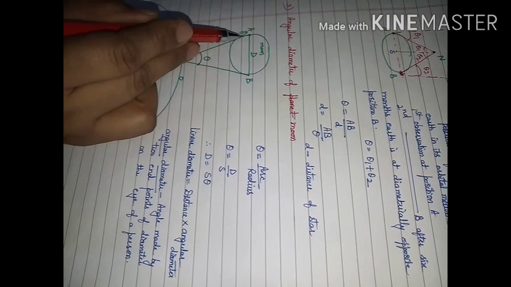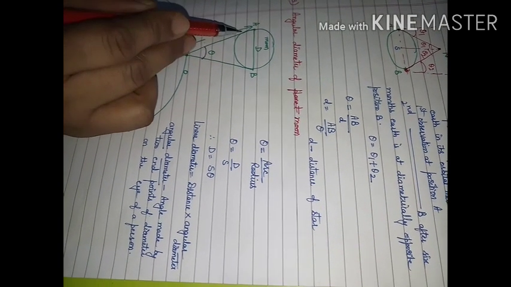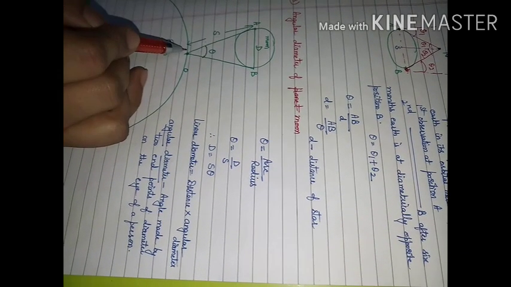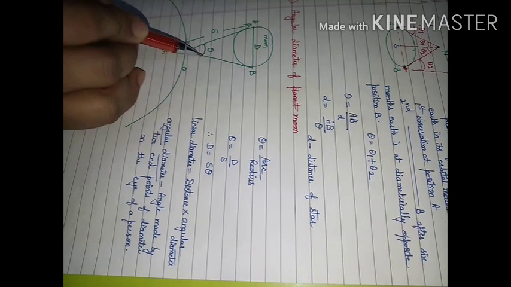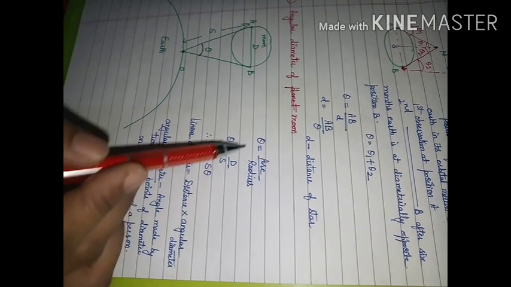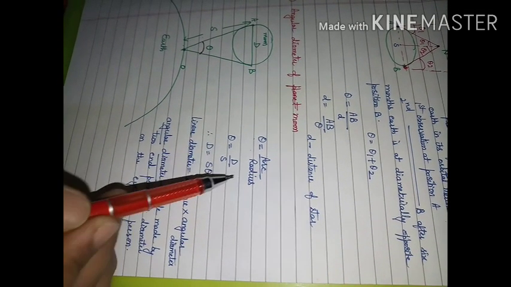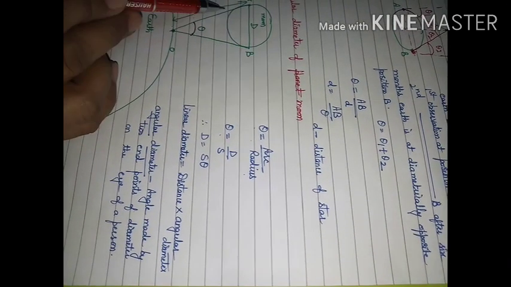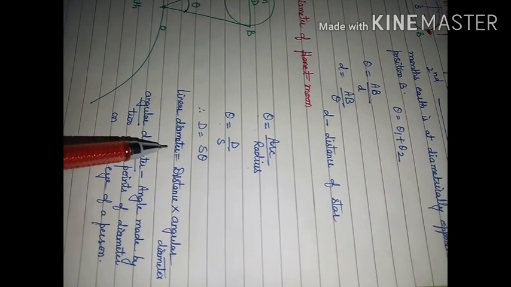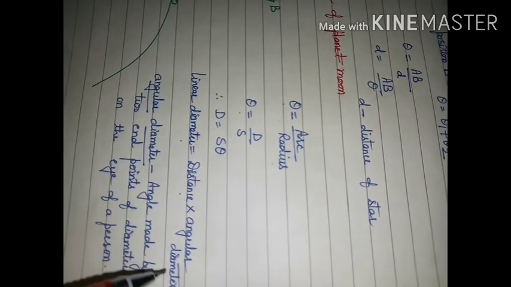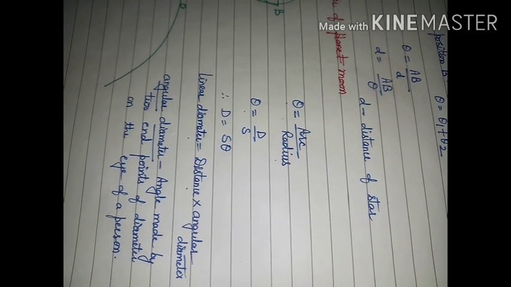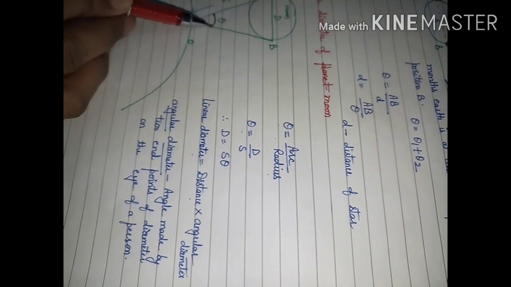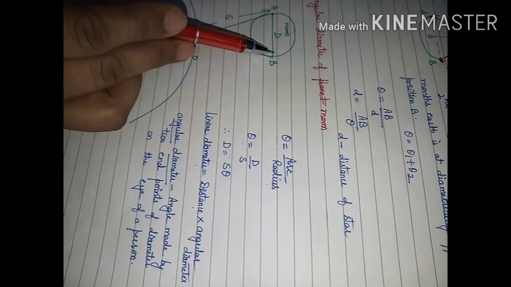If this distance is known to us, because we have already done a method to find the distance of the moon, and this angle is known to us, again using the formula theta is equal to length of arc divided by radius, theta will be equal to d divided by s, and linear diameter will be equal to distance multiplied by angular diameter. What is angular diameter? This theta is the angular diameter. This is the linear diameter.